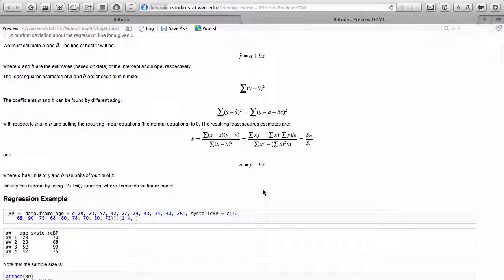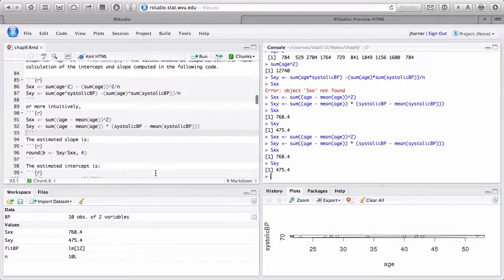So I did it both ways. So again, if you use R as a calculator. Now, of course, we don't really need to do that because we're going to just fit lm. We don't need to compute these. But it does show you that R can be used as a very powerful calculator.